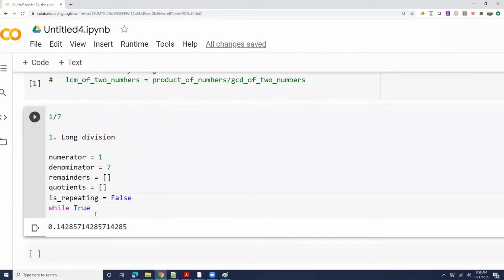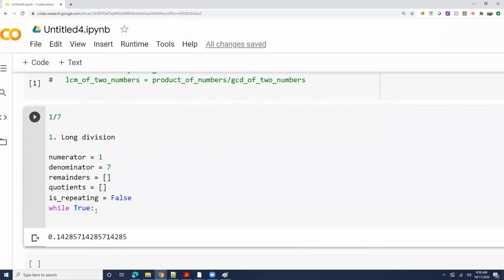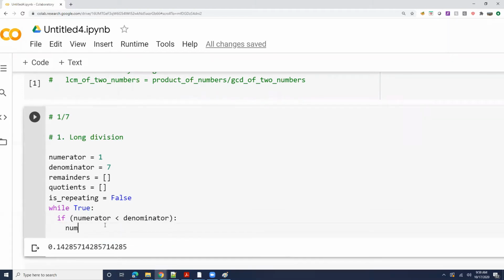Right. So these are my five starting variables. So while true, what do I do? If numerator is less than denominator, numerator equal to numerator times 10.